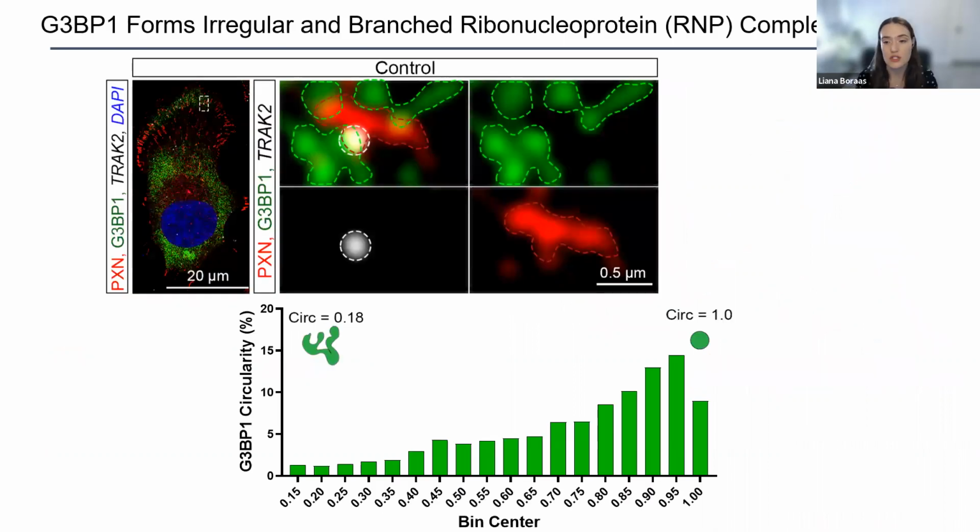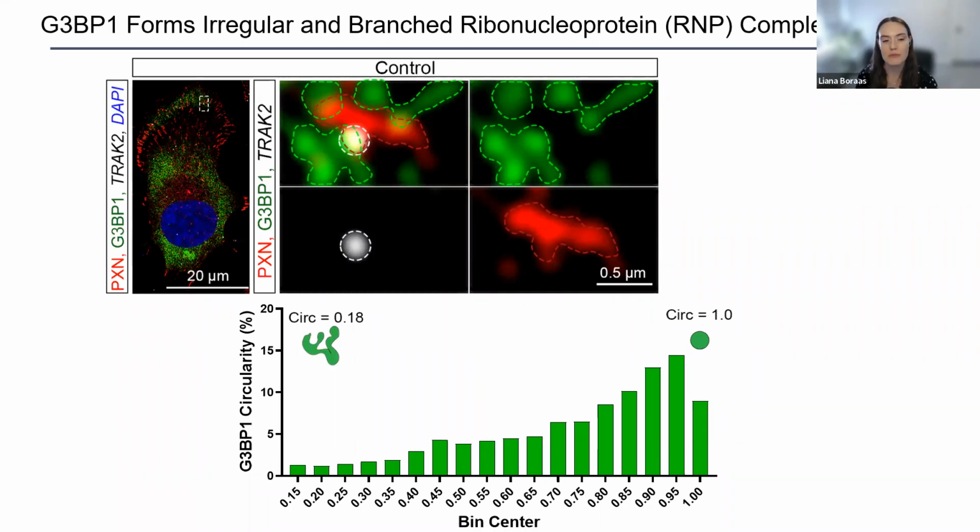For this, we used a 2D super resolution approach where we imaged G3BP1 shown in green, Paxillin shown in red, and we could image one RNA at a time. Unfortunately, this technique is not compatible with MERFISH, so we couldn't look at multiple mRNA. But what we started to see is that G3BP1, first of all, they don't form those really large spherical granules.